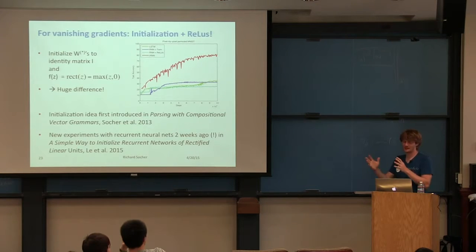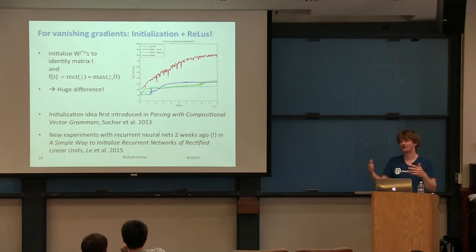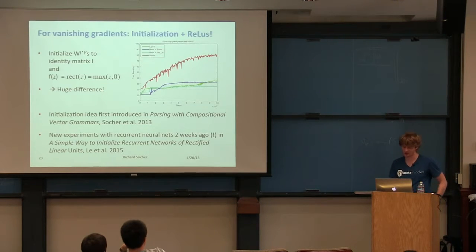And here, the main problem is you go over all the pixels of the digits, and each pixel is one time step. Then you try to predict what the number is in the end after going through all these time steps. So you have like 700 or so pixels, and you go through 700 time steps. It's a very artificial problem, but it's still kind of hard because you need to keep around what you have seen like 100 time steps before. It makes the problem artificially hard, but very easy to analyze.